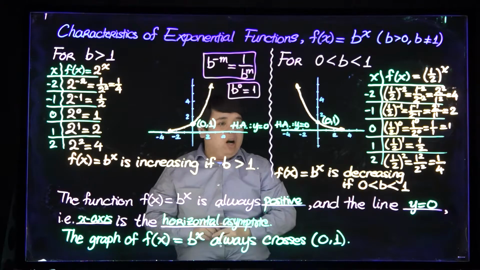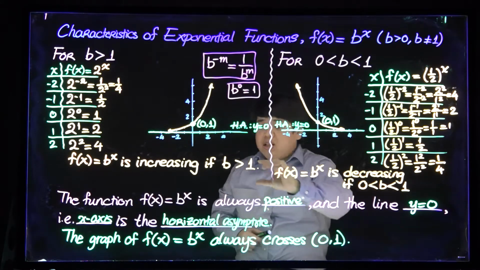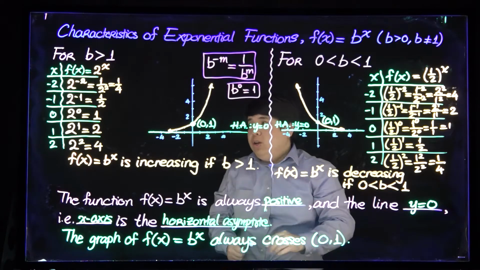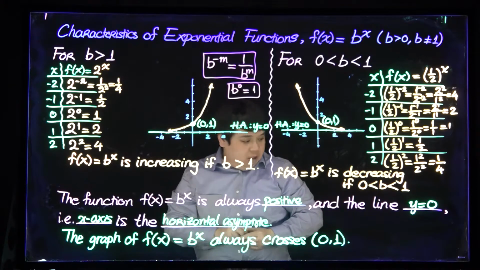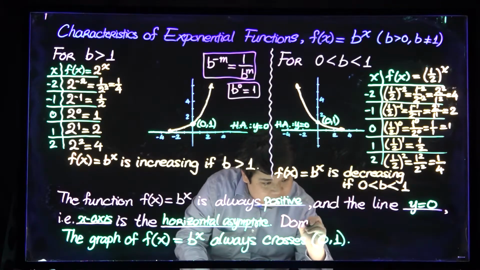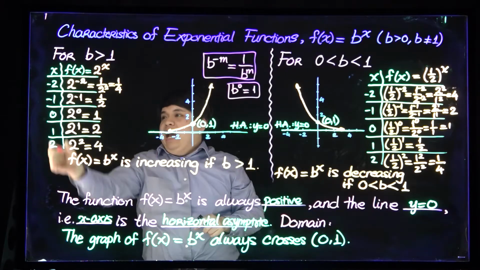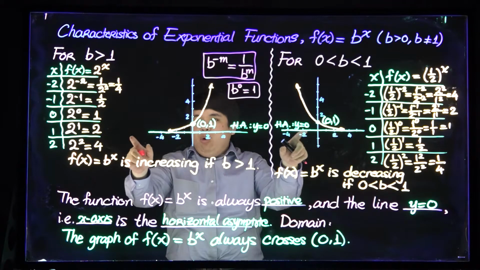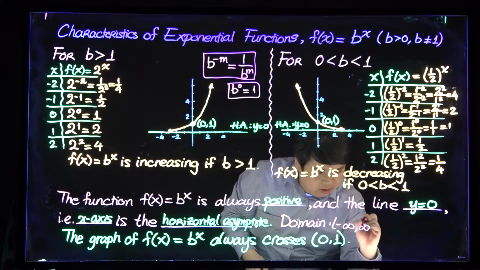Just want to add one thing real quick along this line. Since the function is always positive, we can write out the domain and range of these functions as well. For the domain, we can put any values for x, negative or positive, so we go from negative infinity to infinity.